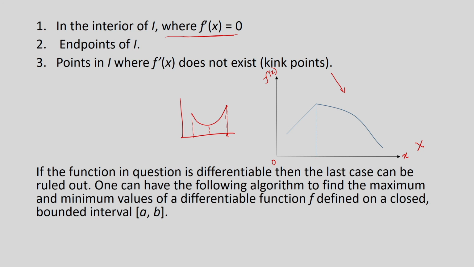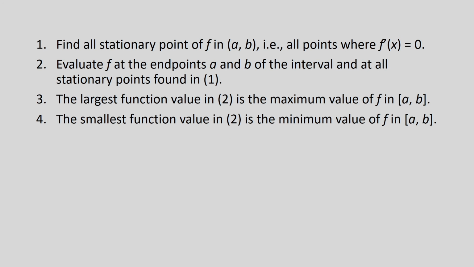One can have the following algorithm in that case to find the maximum and minimum values of a differentiable function f defined on a closed and bounded interval a to b. And this is the algorithm. So, there are 4 steps in this algorithm. Find all stationary points of f in a to b, that is all points where f dash of x is equal to 0.